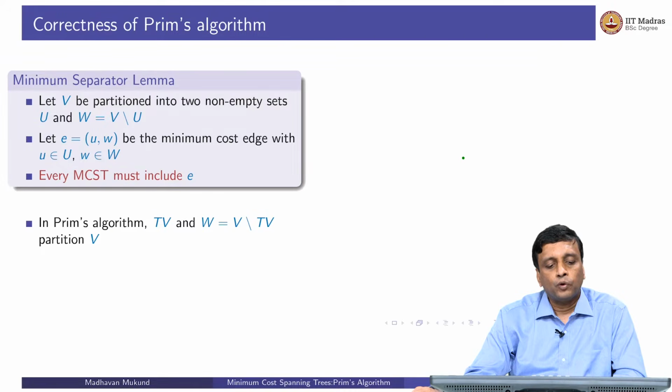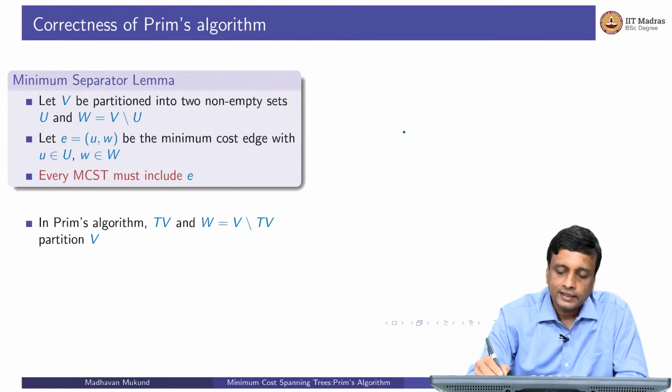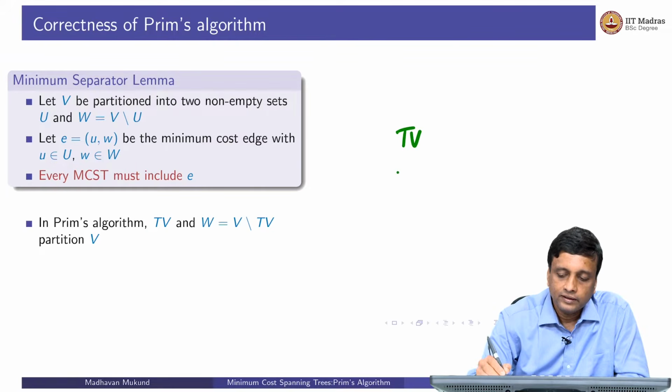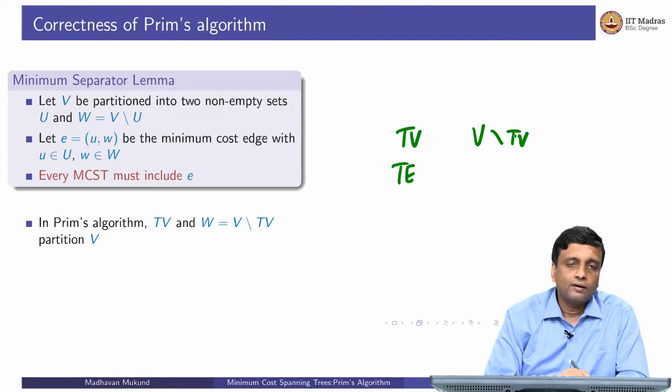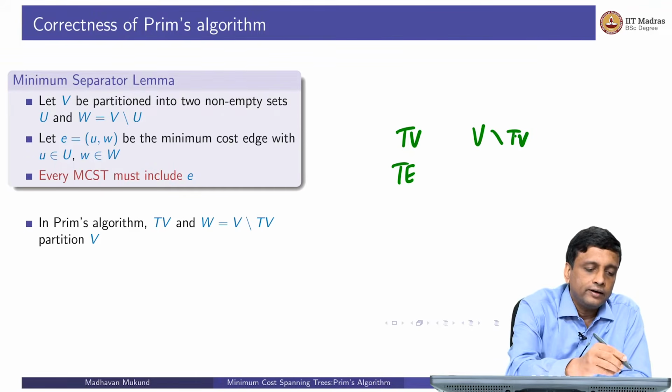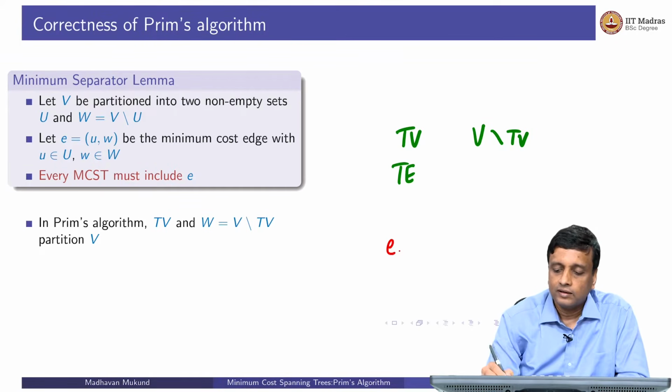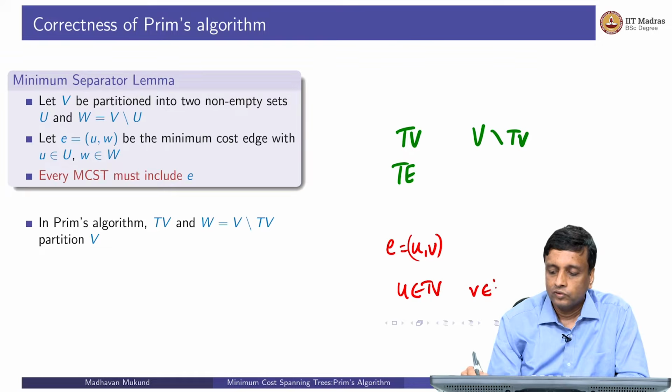So what we have in Prim's algorithm, remember, is that at every point we have constructed the tree so far, right? This is TV with a set of edges, and then we have the remaining part of the graph, right? And what we are doing is we are trying to find the smallest edge E such that u belongs to TV and v belongs to the rest, right?